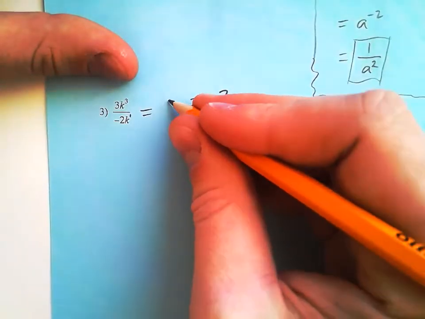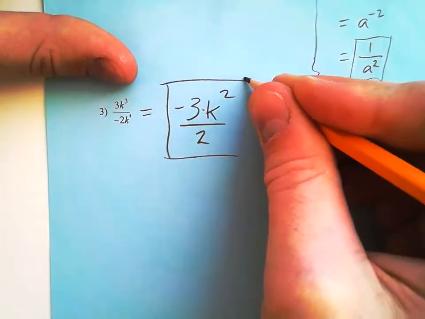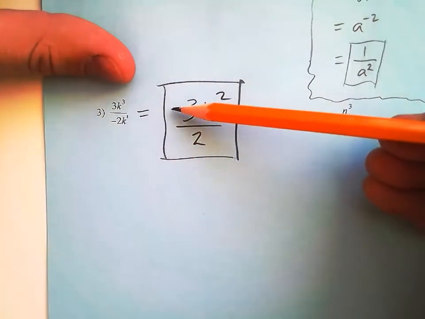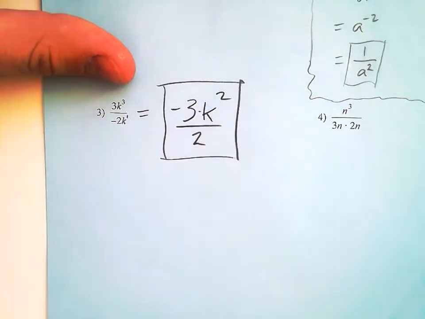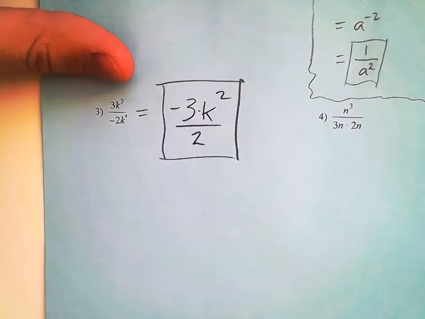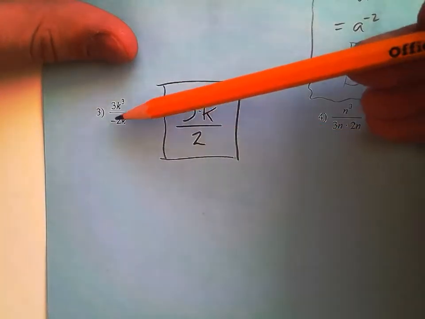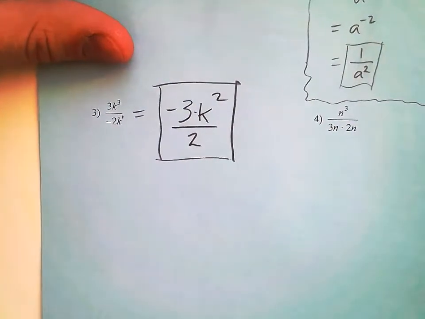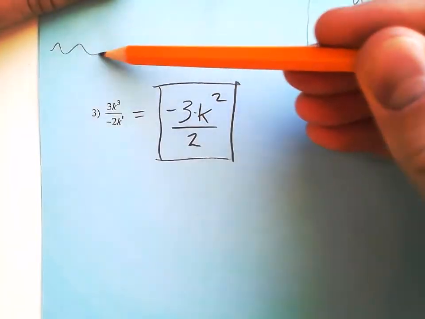Okay, so that is your final answer. And does it matter if you put the negative on top or bottom or out in the front? No. So that one, that was pretty simple. Only one thing simplified a little bit.